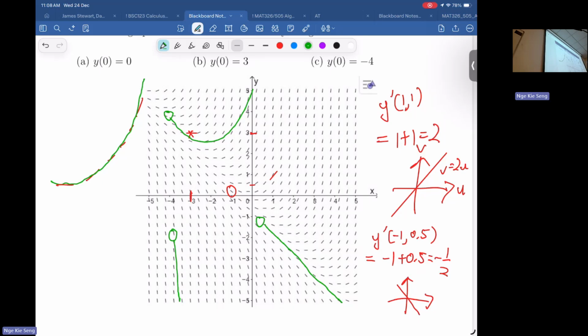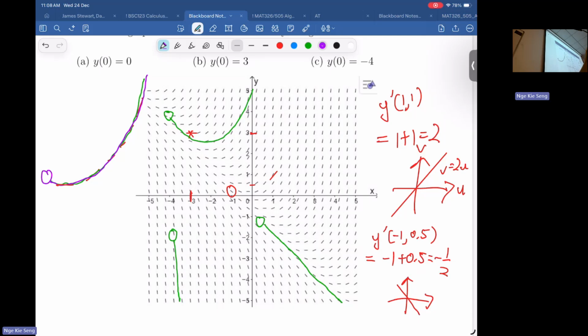We can construct the curve from the tangent line. You should imagine I have a ball starting here and moving along the tangent line, which traces out the curve. This curve is what we call a solution curve. It's just a function again.